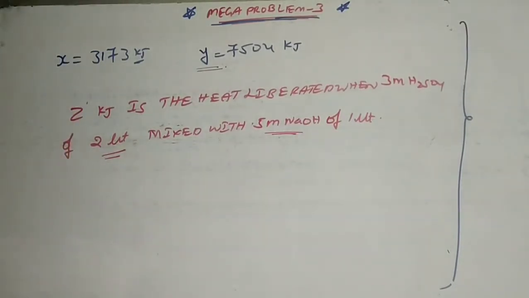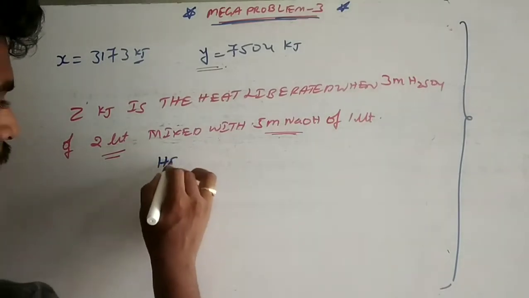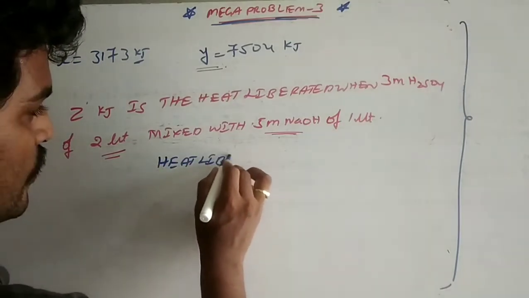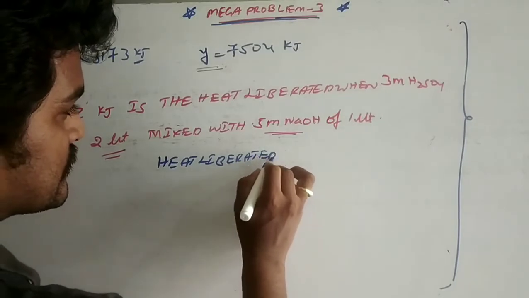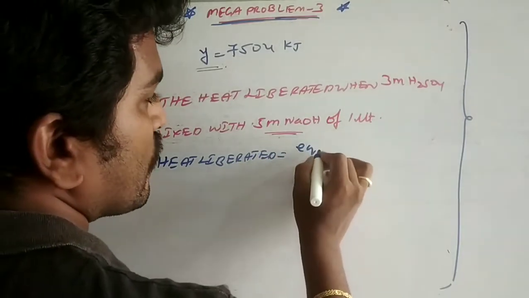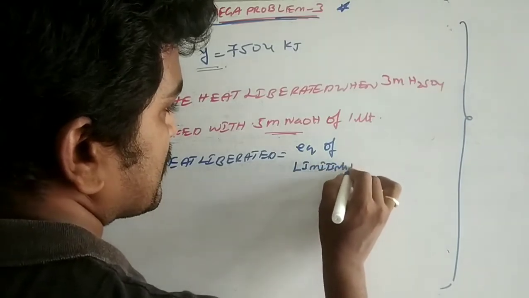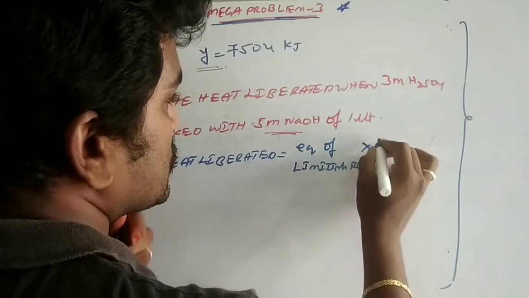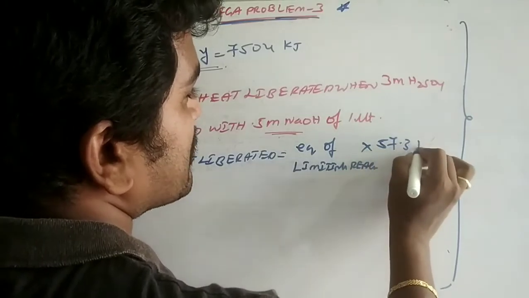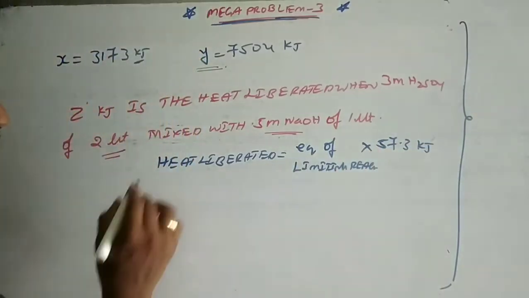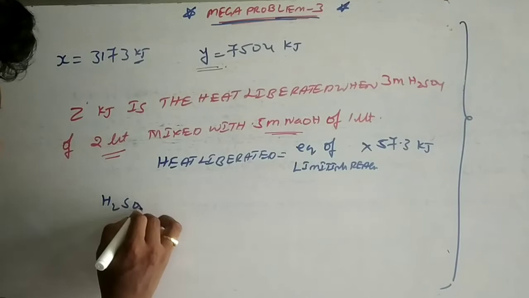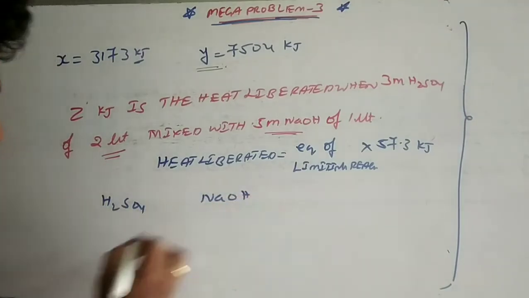Now how to do this? Heat liberated equals equivalents of limiting reagent into 57.3 kilojoules. This is the heat. Let us take H2SO4 and NaOH.